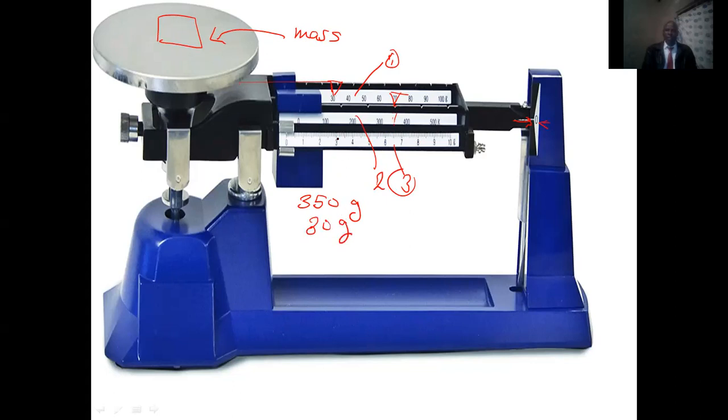And the other weight maybe is at the 3 grams mark. So it will be 3 grams. And so we can add all of them, and it will give us 383 grams. And so you move these masses until the pointers here balance.